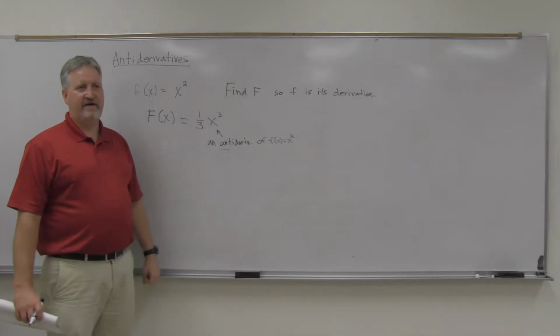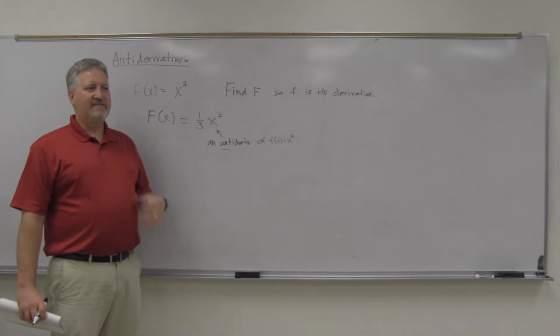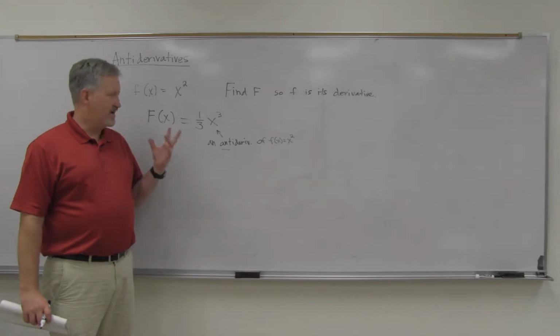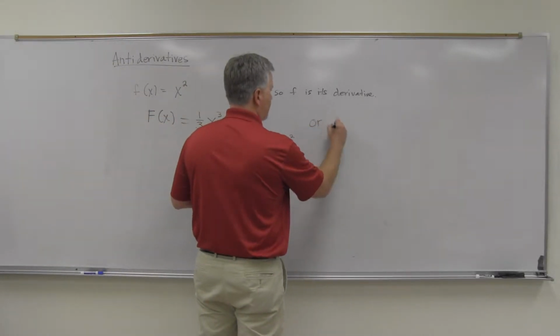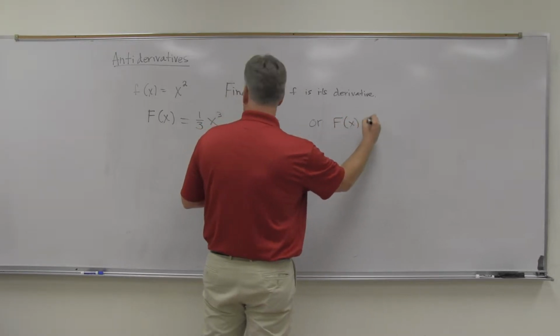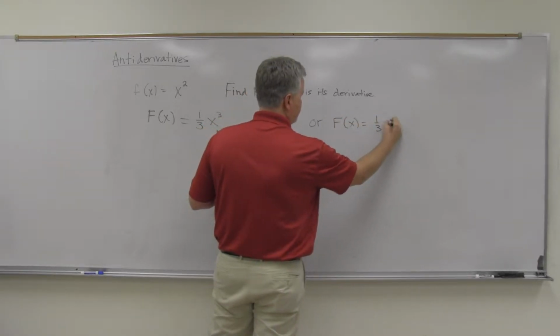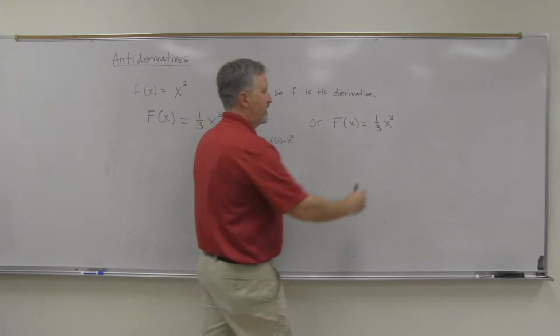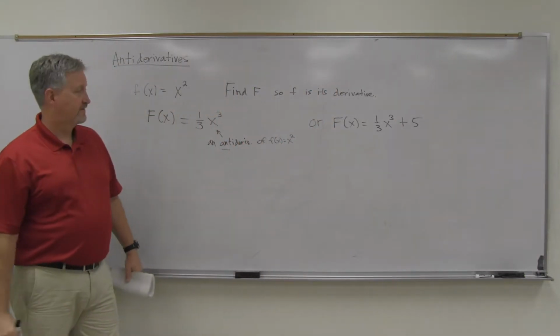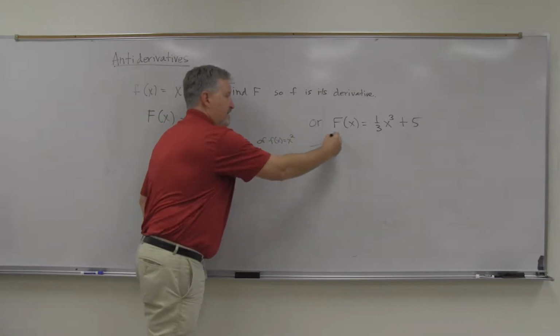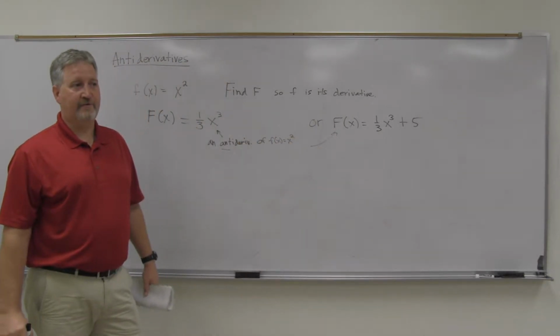Now, I say an antiderivative because another possibility is F of x equals 1/3 x cubed plus 5. That's an antiderivative of x squared. Why?